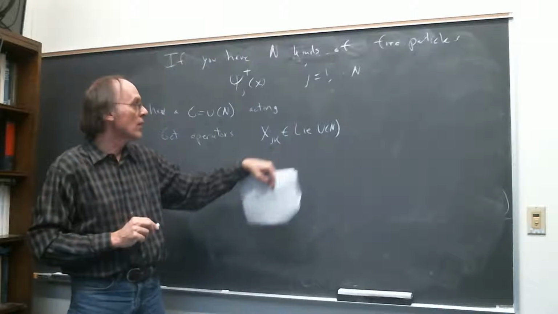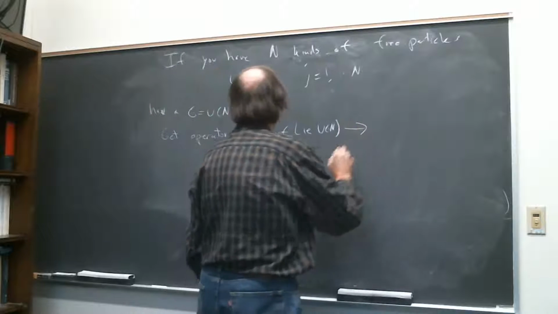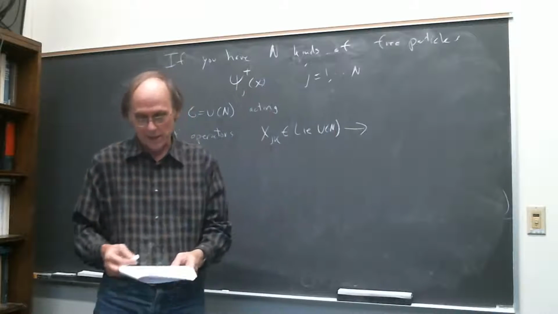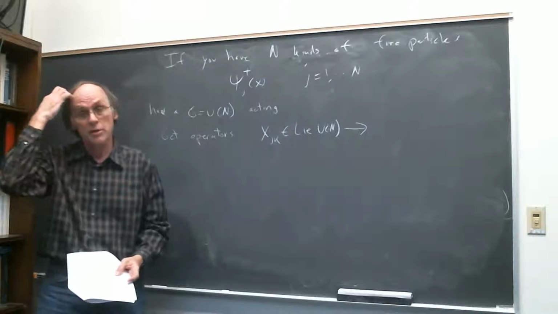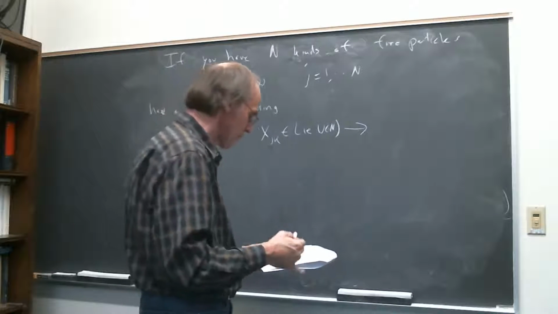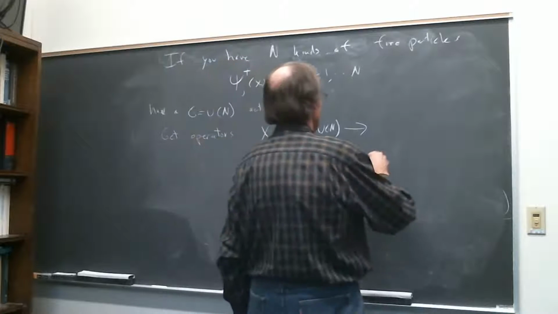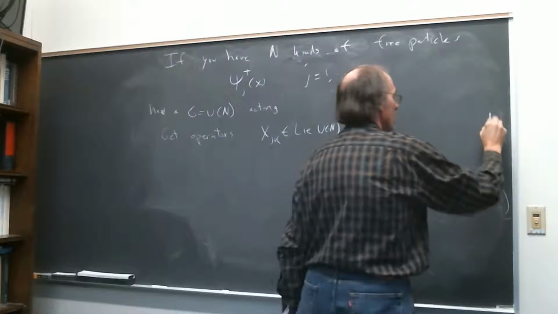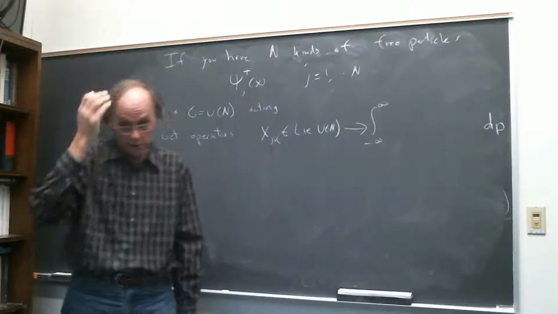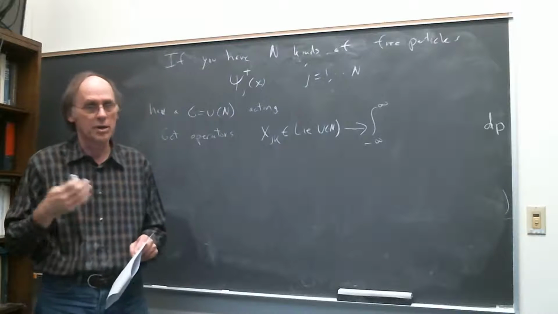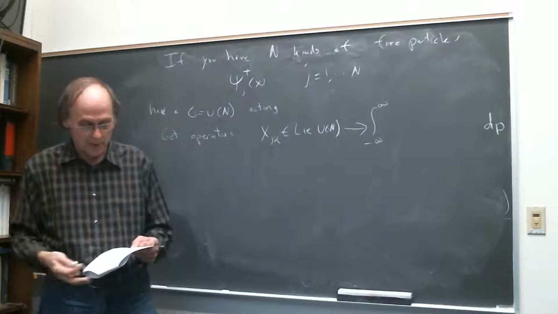And so the representations of the symmetry in the state space are just a simple generalization of what you saw in the U1 case. They're given by an integral, and you're getting one term for each p. All the p's are behaving independently of each other. Everything is diagonal in the p's.